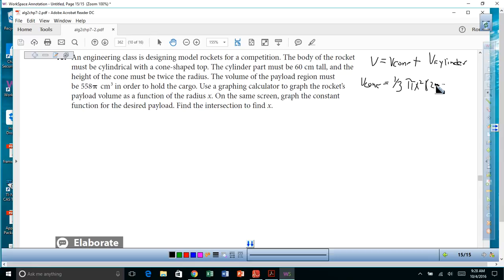Times 2x. Okay, good. And then the volume of the cylinder. Volume of the cylinder.